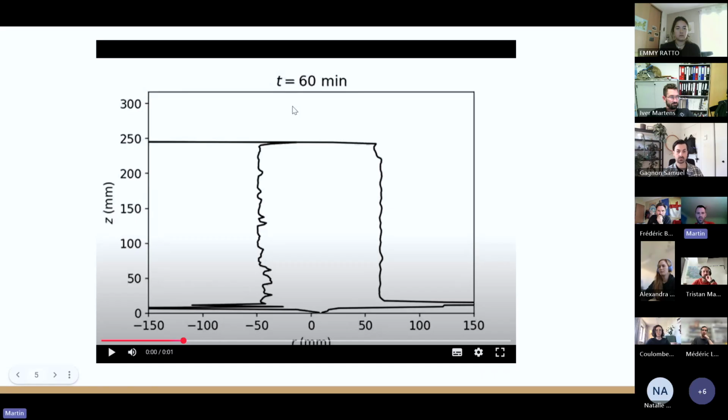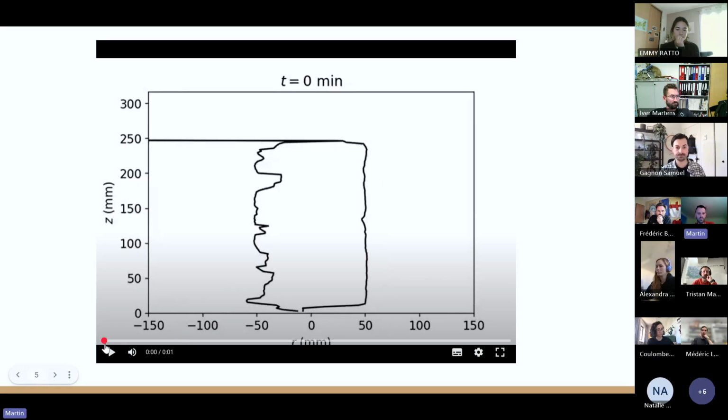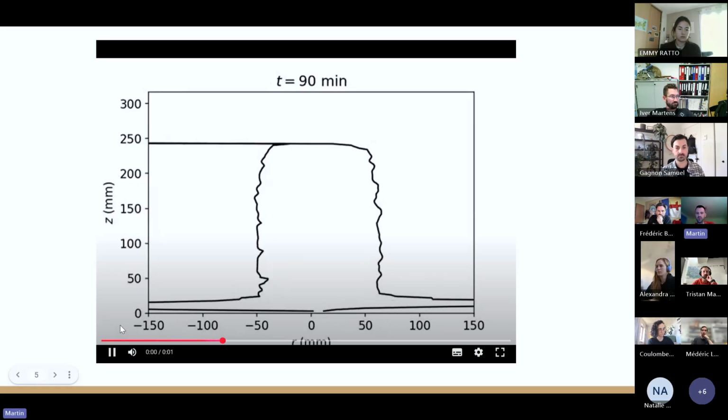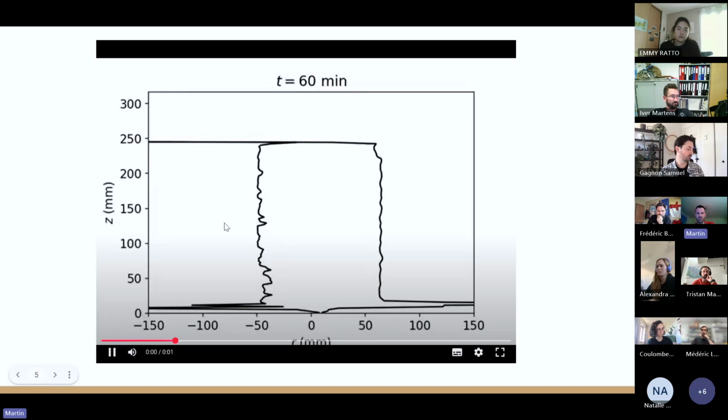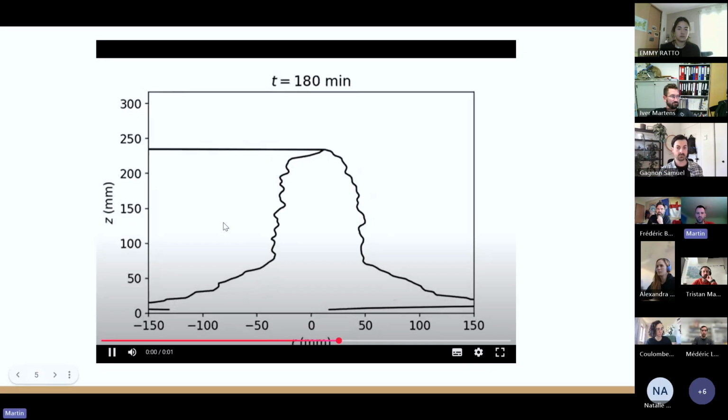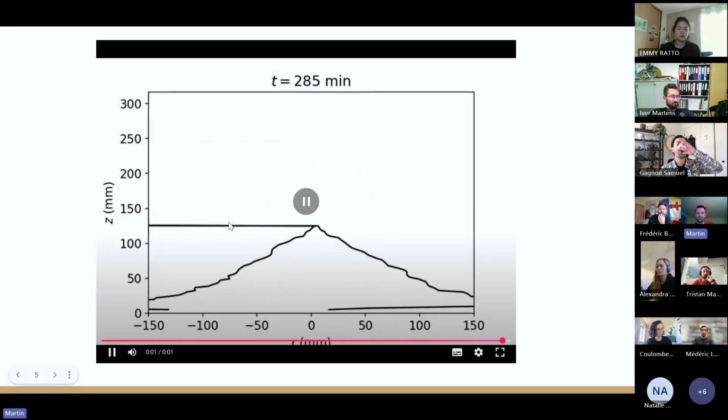We can see the time and how the height of the column was decreasing, and the particles were slowly moving to the bottom. So this is what we did with the images. We were trying to create this model and see how it works. So this was the first objective.